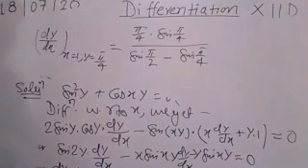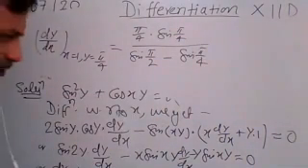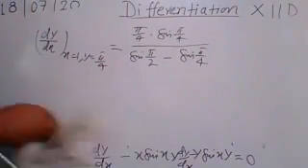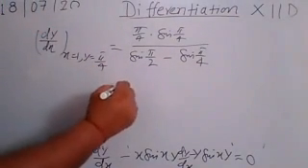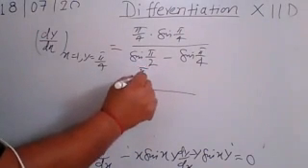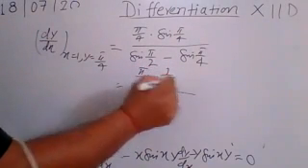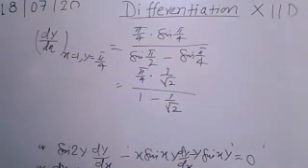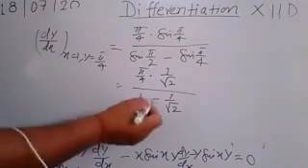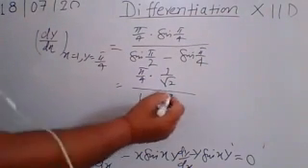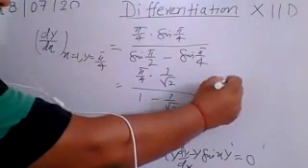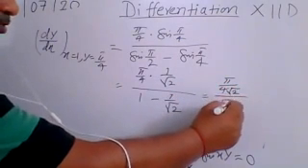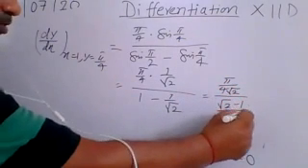Now putting its value, pi by 4 into 1 by root 2, and the value of sine pi by 2 is 1, minus 1 by root 2. Simplifying it, your LCM is root 2, so here you have pi upon 4 root 2 divided by root 2 minus 1 divided by root 2.